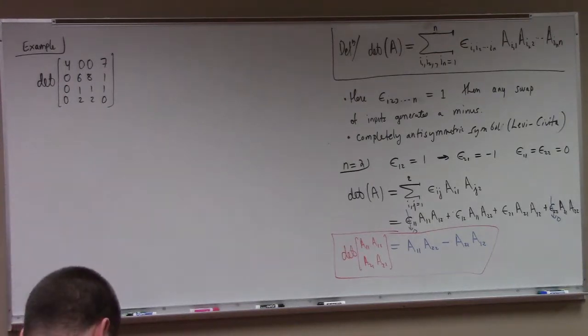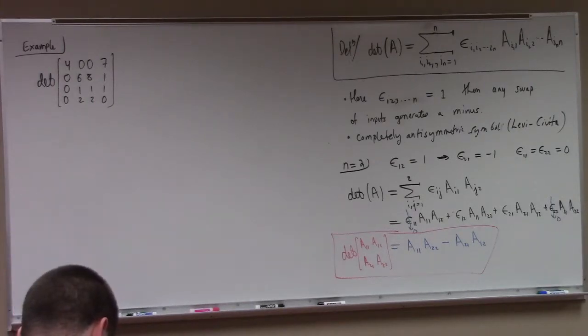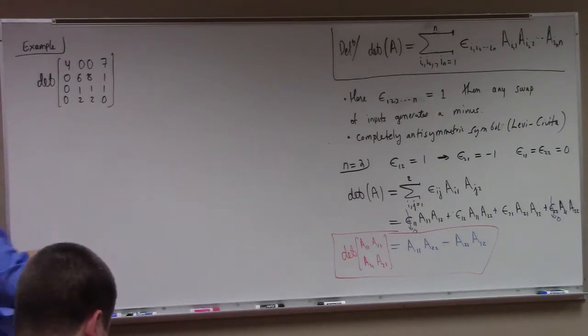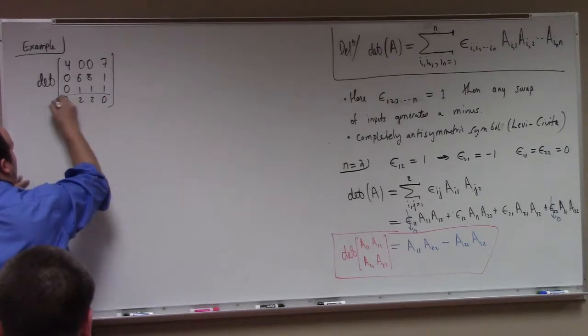It's a 4 by 4 matrix. So let me just illustrate Laplace's expansion. Do the bottom row? All right, I guess that might be instructive. So I will expand about the bottom row because I can.